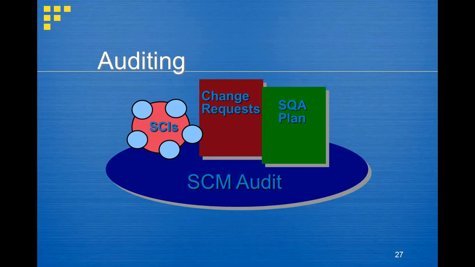When it comes to auditing, three main modules are there: one is for software configuration management integration, the plan, and the change request. So these are the three main components that can be integrated with auditing, because the report of this auditing plays a major role, and it can be an input for the next software increment.